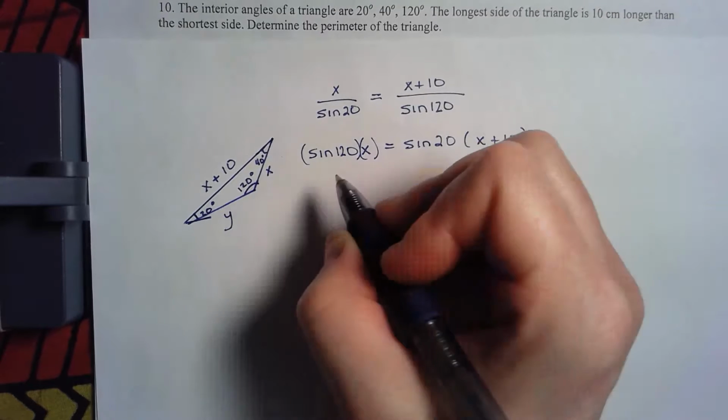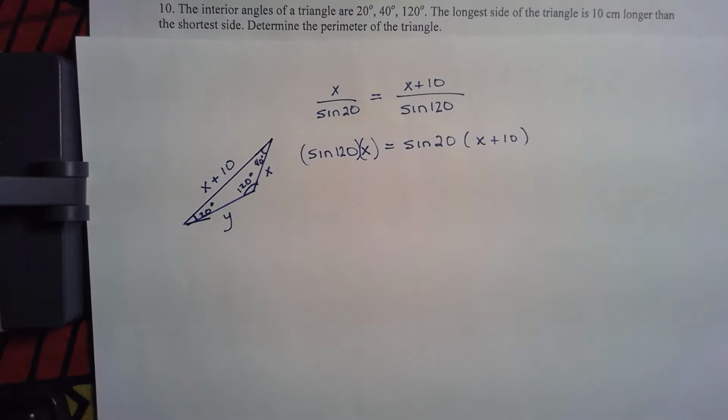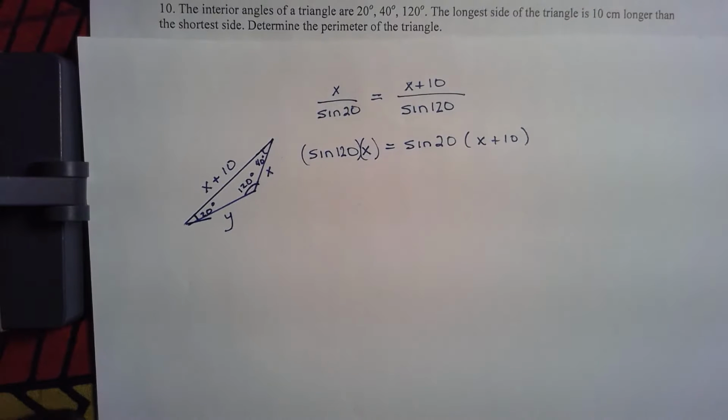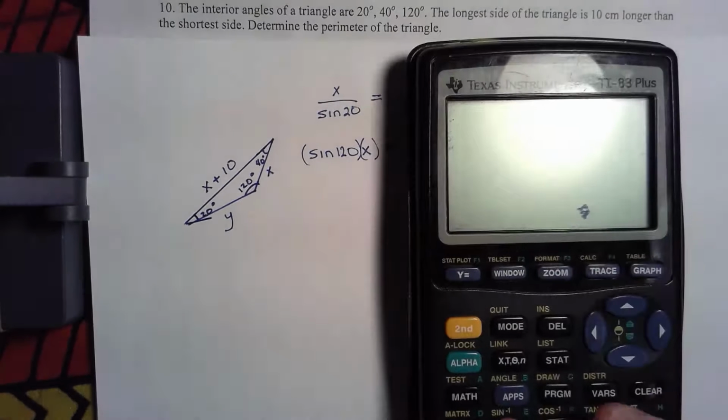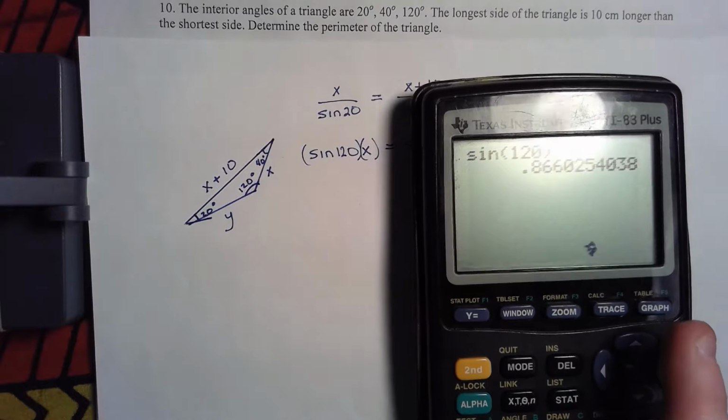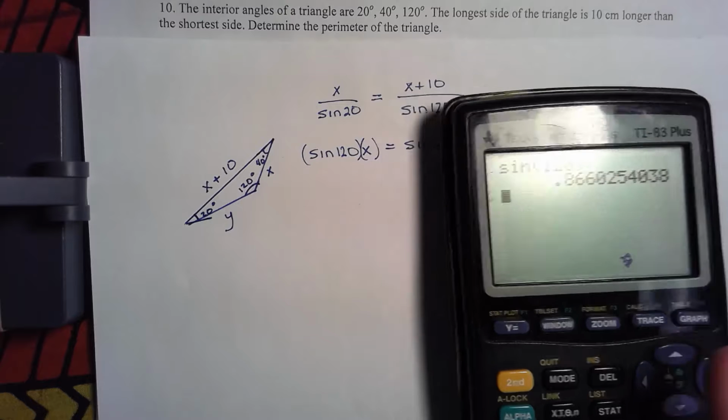Okay, so I'm going to go ahead now and simply approximate what the sine of 120 is. So I'm going to put it into the calculator. So I've got the sine of 120, and that is equal to 0.8660. So there you go. So I'm going to put 0.866.